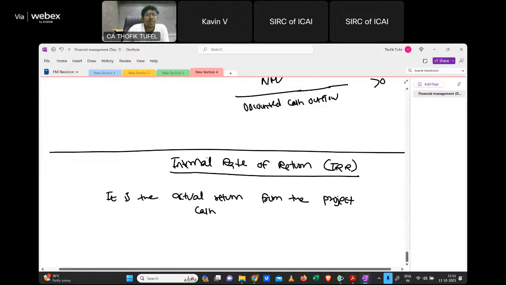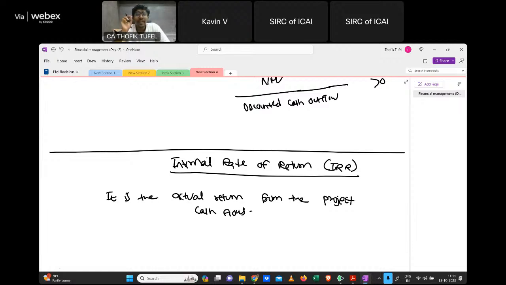Till now we were discussing fake returns, no? Actual return from the project cash flows means, you were calculating NPV, correct? Suppose you calculate the present value factor at 10% and your NPV comes as positive 20,000 rupees.